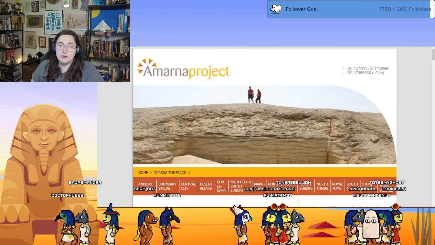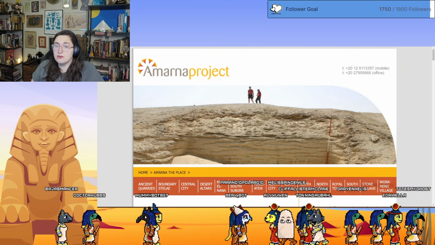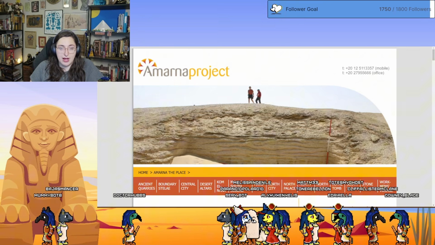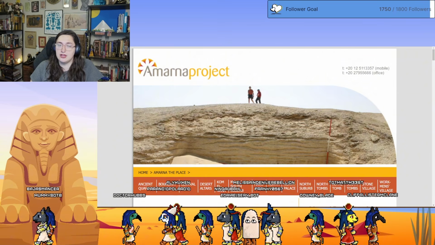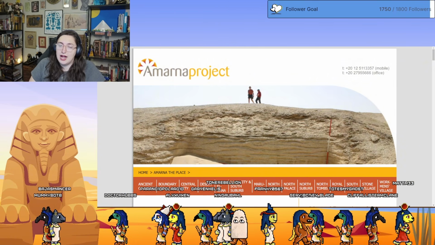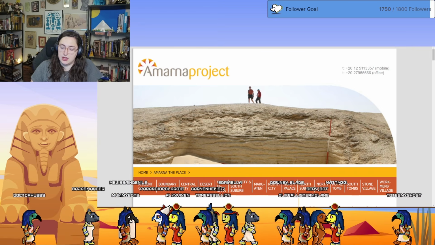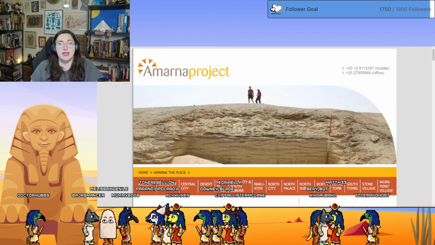He also moved the entire court, main temple system, and palace to a very empty spot in the middle of Egypt. He built a whole new city, and it was really only settled for about 14 years, sometimes said a little bit more.